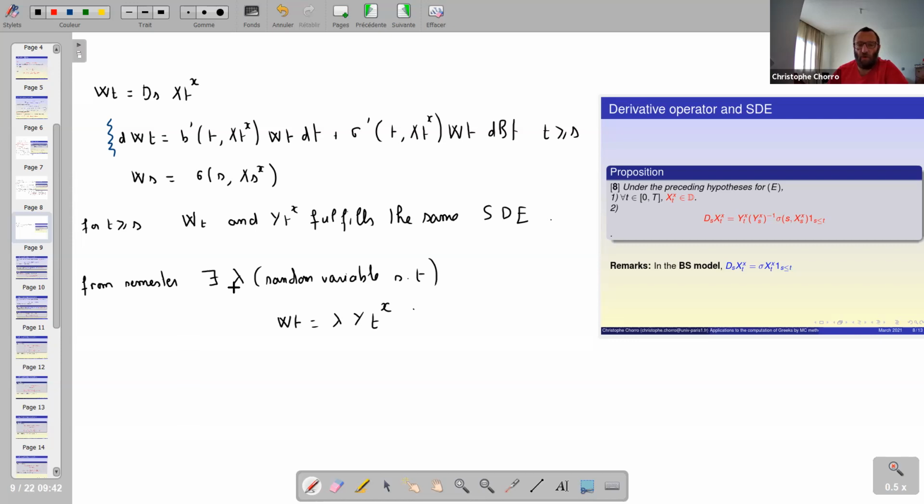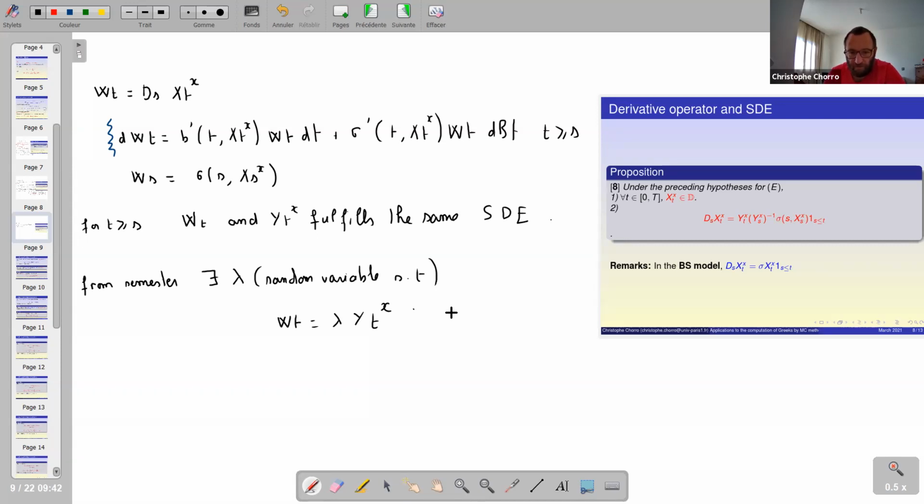So there exists a lambda such that W and Y are proportional, with a random proportionality coefficient. It's because when you have two processes fulfilling the same stochastic differential equation, they are equal up to a multiplicative constant.